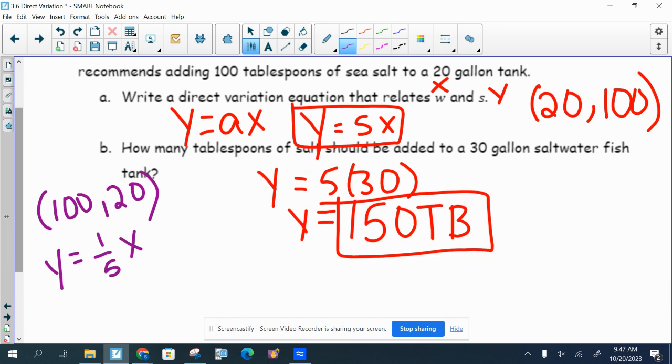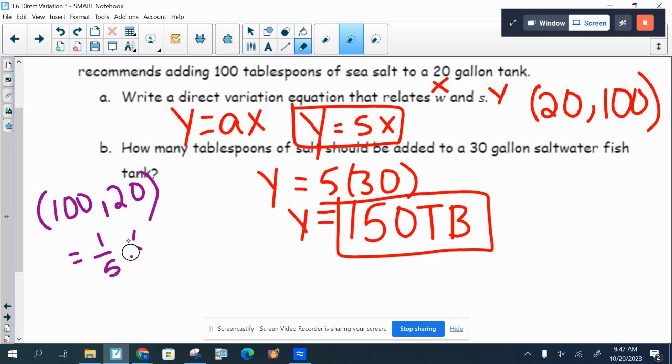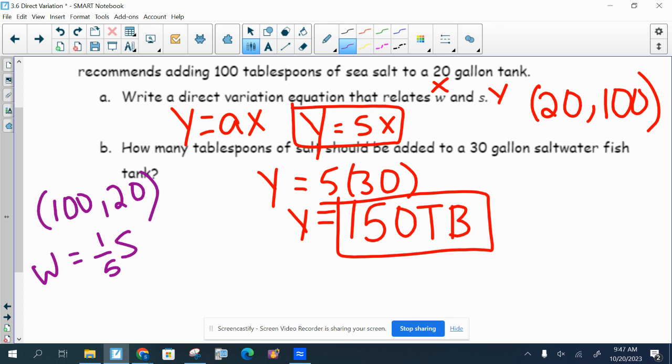But it's still like here, the 100 is the tablespoons, so that's your S. Sorry, so this X would be your S, and this would be your W. But over here, we're doing it this way, then the x is the w and the y is the s.